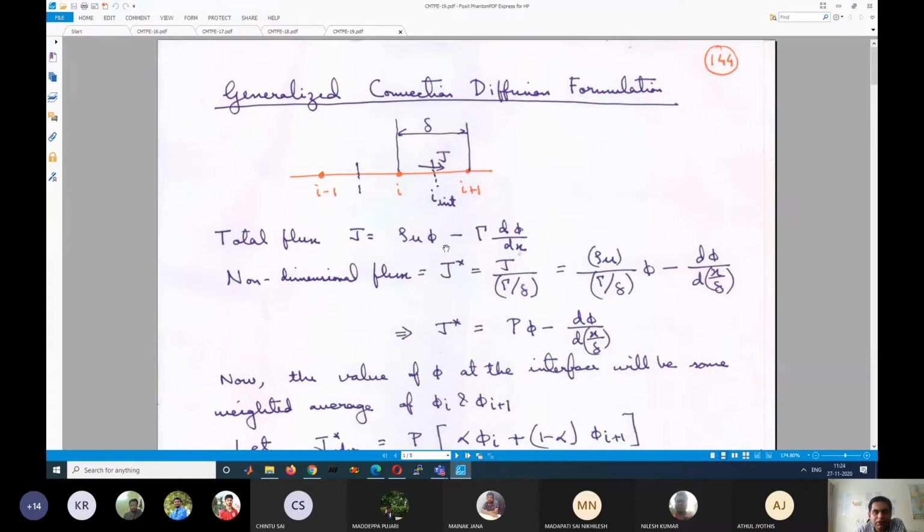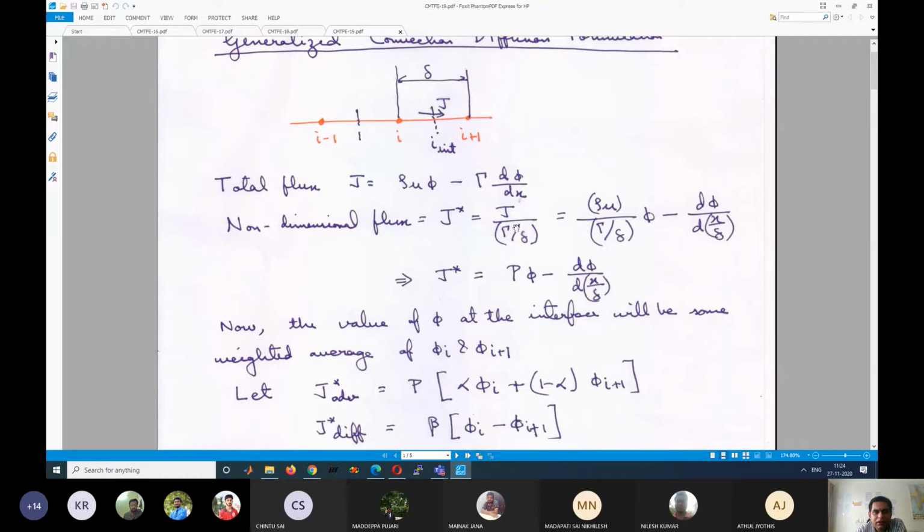So J equals rho u phi minus gamma d phi dx, and we want it in non-dimensional form. I can non-dimensionalize it by dividing by the diffusive strength, which, remember, is gamma by distance delta.